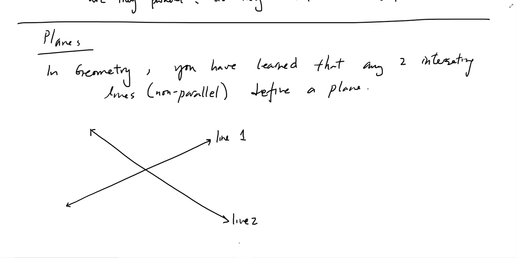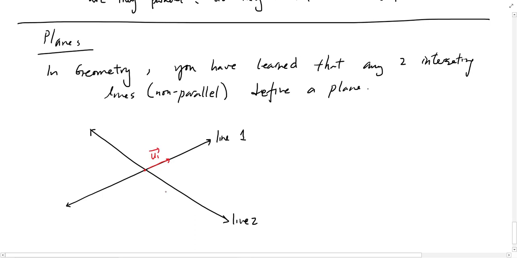That's all. So now, how do I describe these two lines in a parametric representation? Well, simple. I need a point and a direction. So how about I do the following? For line 1, I'm going to define this one point, the intersection point. And let's say this is my direction.